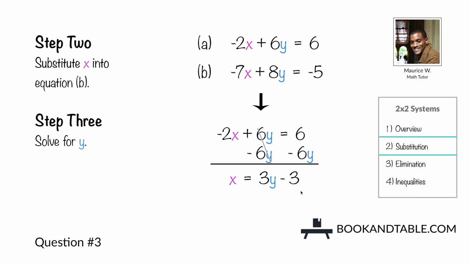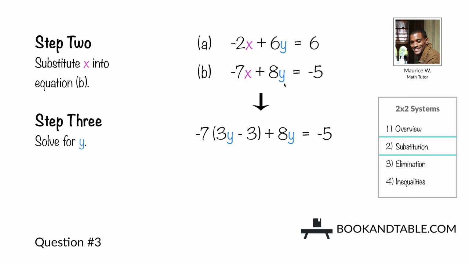And now step 2, we want to substitute this expression for x into equation B here. And then step 3, we can then solve for y, giving us negative 7 times x, which is negative 7 times 3y minus 3, plus 8y is equal to negative 5.